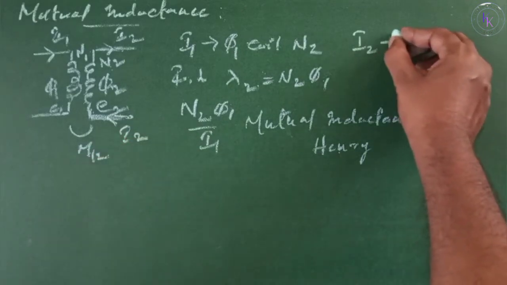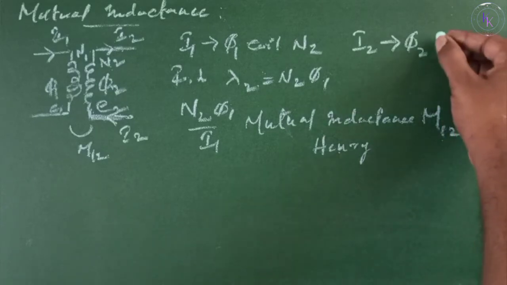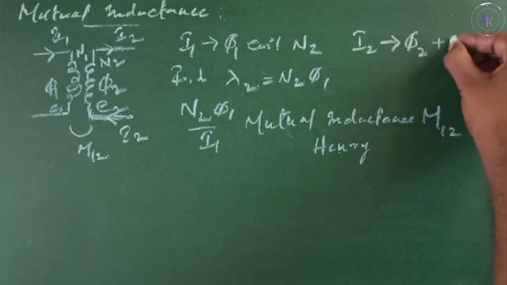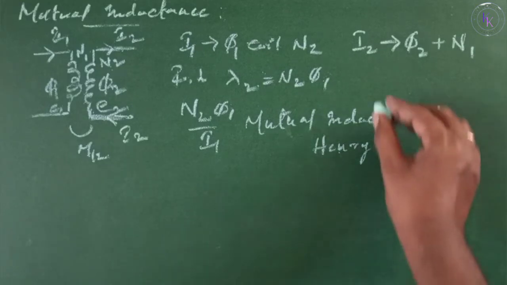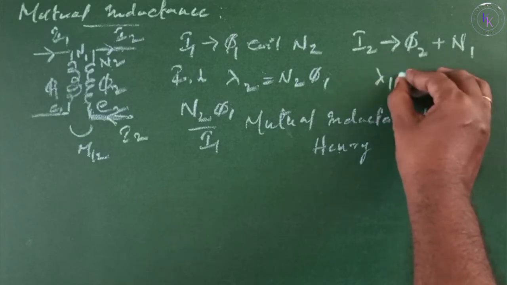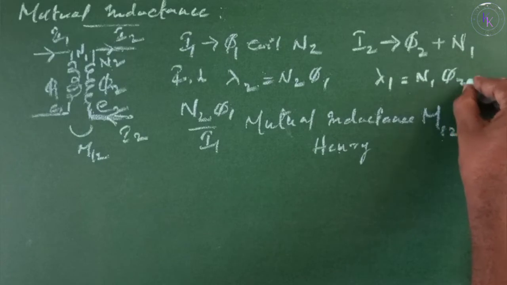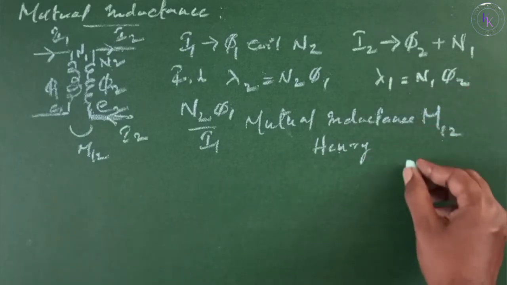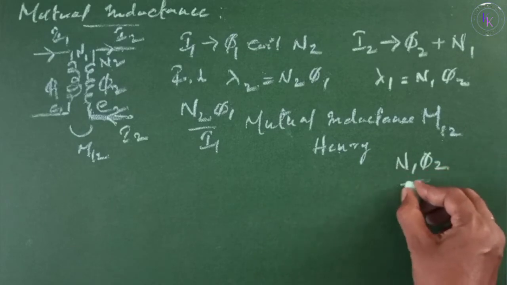Similarly, if I2 is given, I2 is going to produce a flux phi2 in coil 2, and this is going to link with the turns of coil number 1, which is going to produce EMF in coil 1. So the flux linkage in coil 1 due to flux phi2, the term will be N1 phi2 divided by I2.